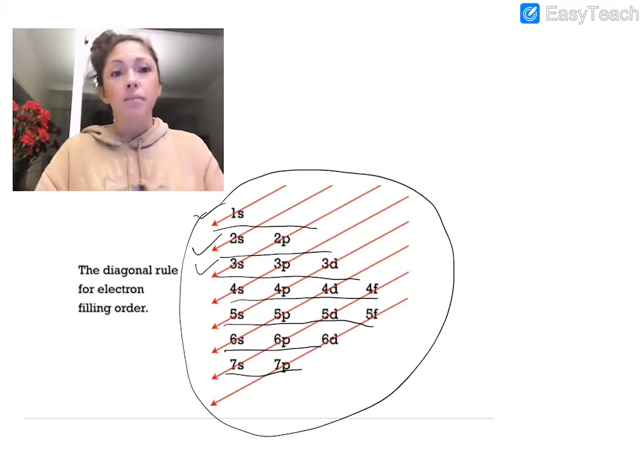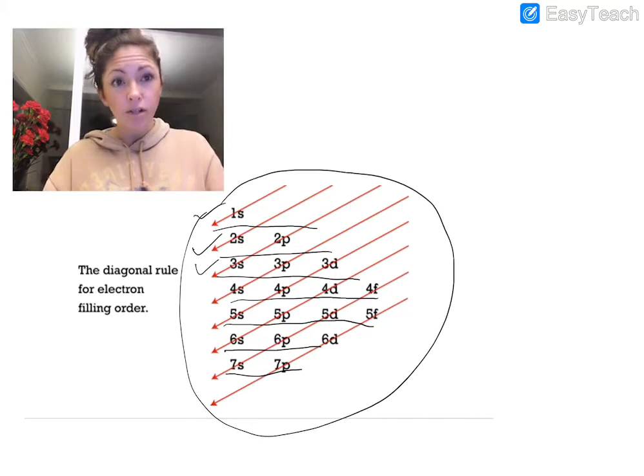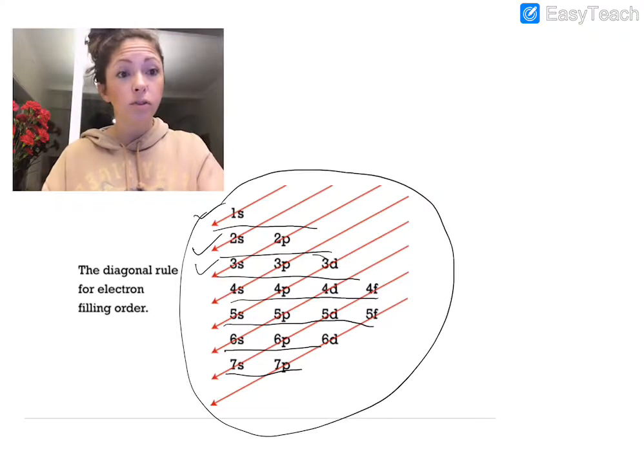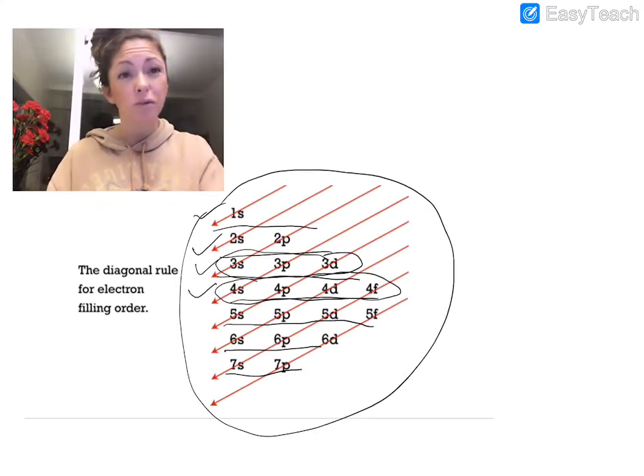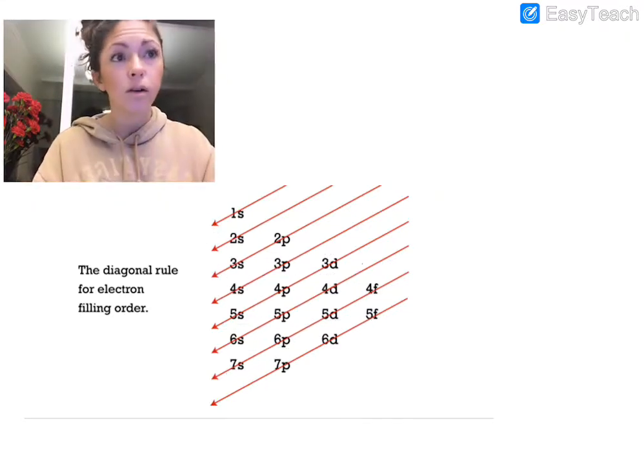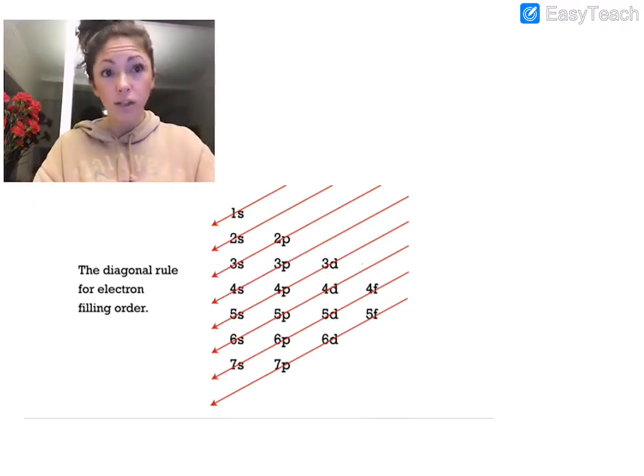And we learned yesterday, because I introduced the d sublevel, that you don't get to completely fill up energy level 3, all of its sublevels, and then move on to all of energy level 4.